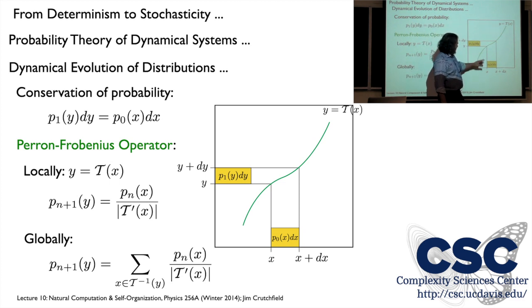So here, just think of this as if it were, say, a discrete time mapping. This will be the initial state and the state at the next time, and then I have some function, call it T of x here. And the question here is I have a little bit of probability mass, and that's situated between x and x plus dx. The yellow area here corresponds to the amount of that probability mass.